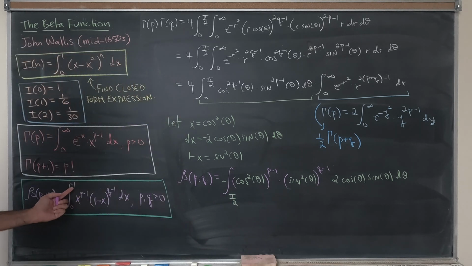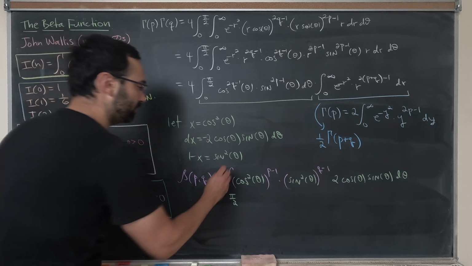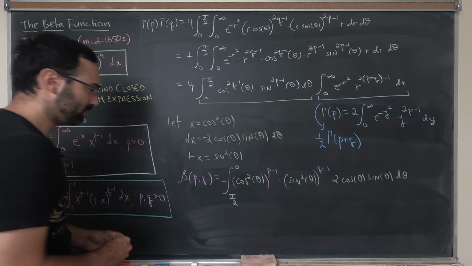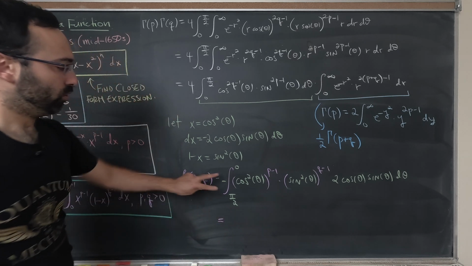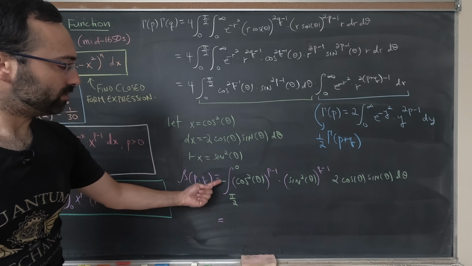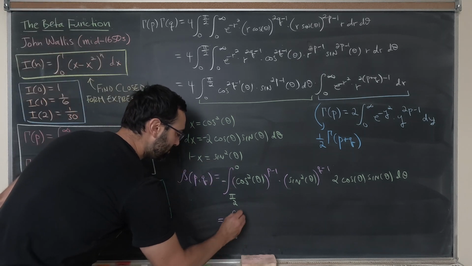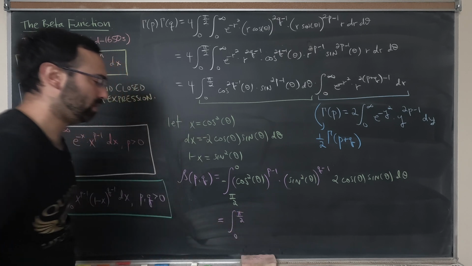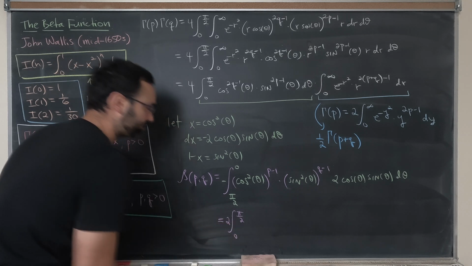And here when x is 1, that gives a value for theta of 0. So in the next step, we can reverse these bounds and multiply by negative 1, leaving us simply with the integral from 0 to pi over 2 of, we can extract that 2 out in front as well.